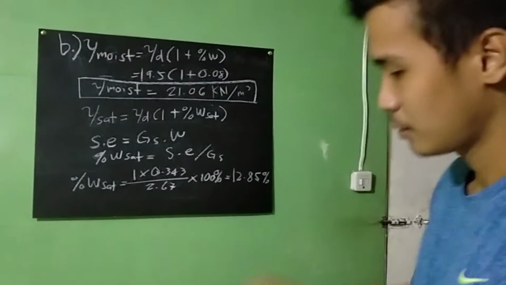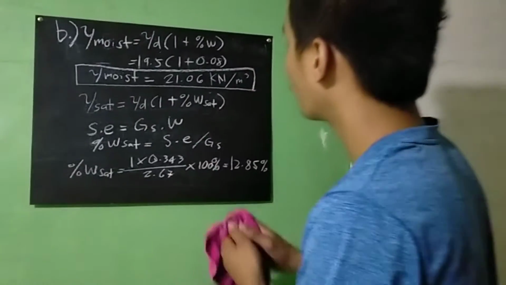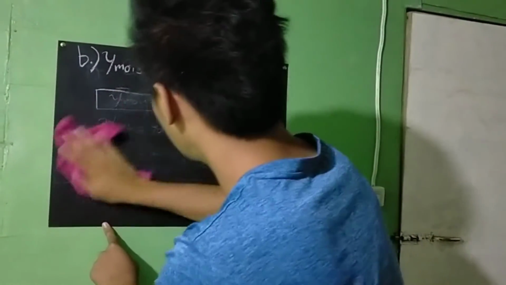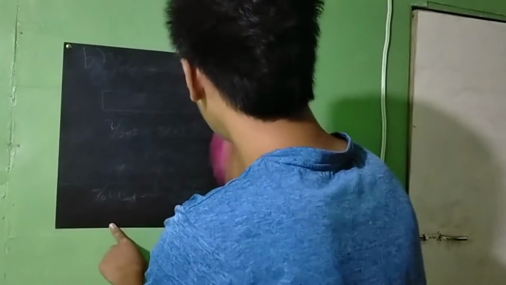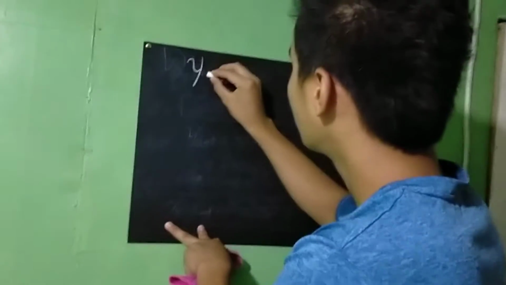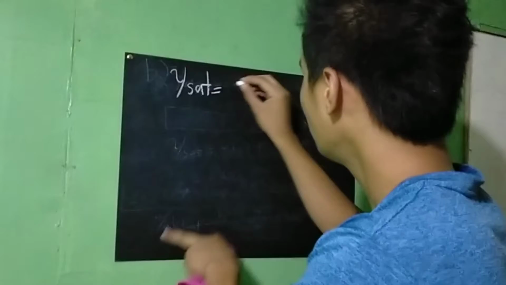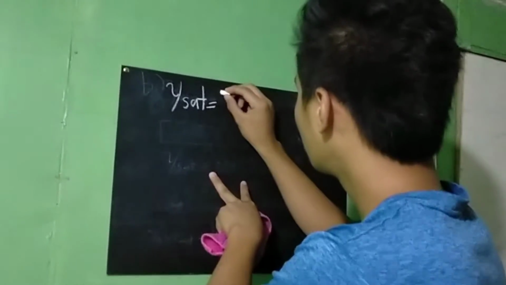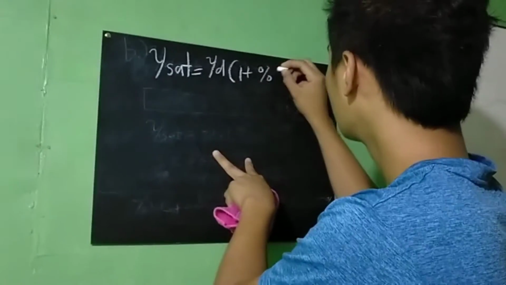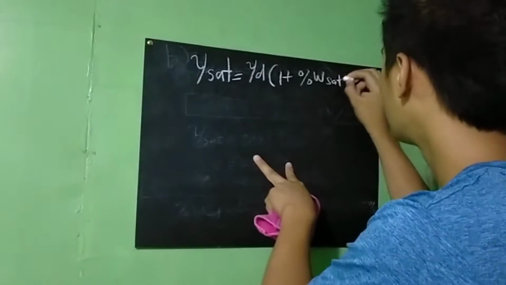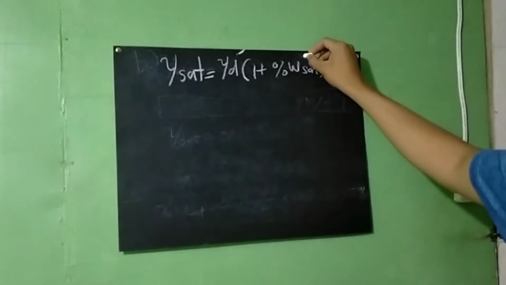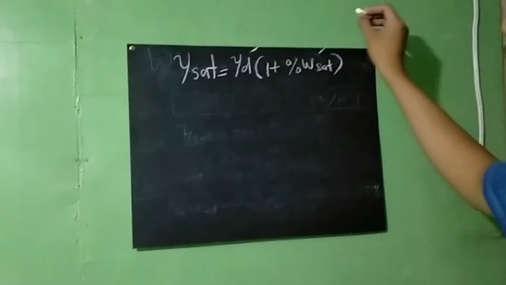Now, we'll come back to the original formula in order to get the saturated unit weight. So the original formula is the saturated unit weight is equal to the dry unit weight times 1 plus the percent water content saturated. Now this is given, then we have answered this already.